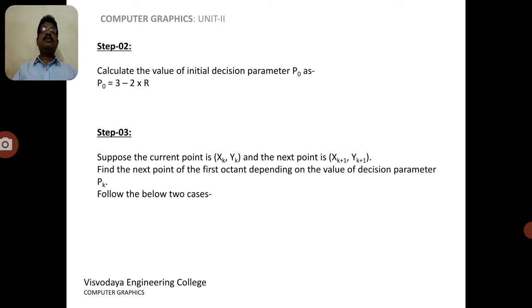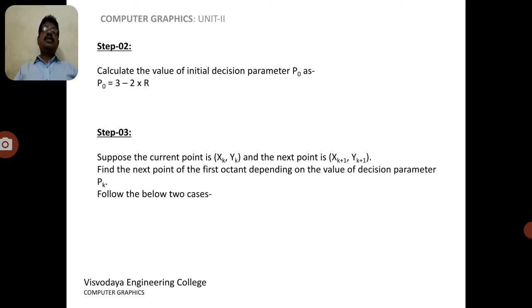This is the equation to find the initial decision parameter p0. Starting with the center coordinates x0, y0, how will we find the next coordinates, xk plus 1 and yk plus 1? That depends on the decision parameter value pk.